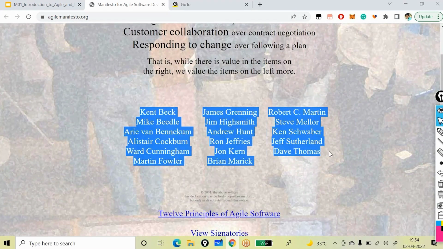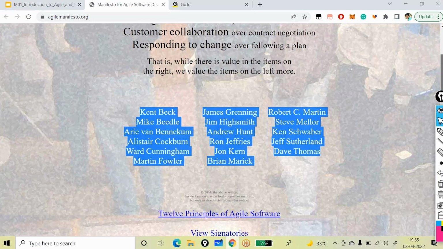These are the 17 developers who formed a group and came up with an alternative competing with the waterfall approach so that agile can be really flexible and beneficial for further development. And that's the reason why organizations are getting benefited right now, because of these 17 developers who took the initiative to design this Agile Manifesto in the year 2001.